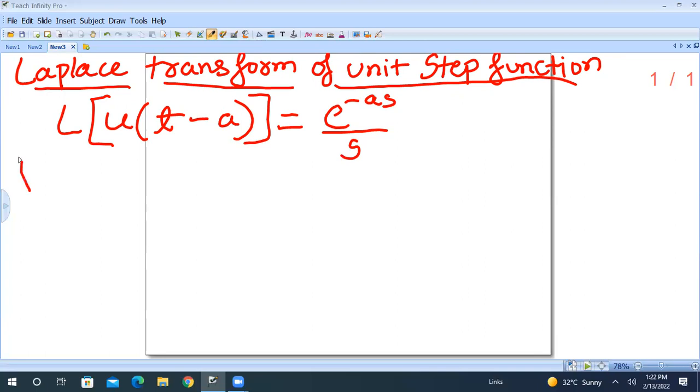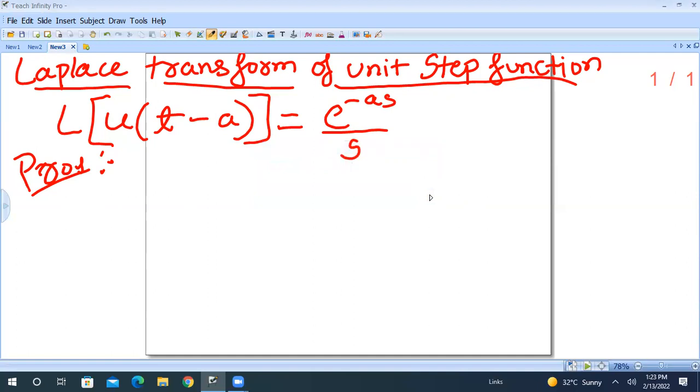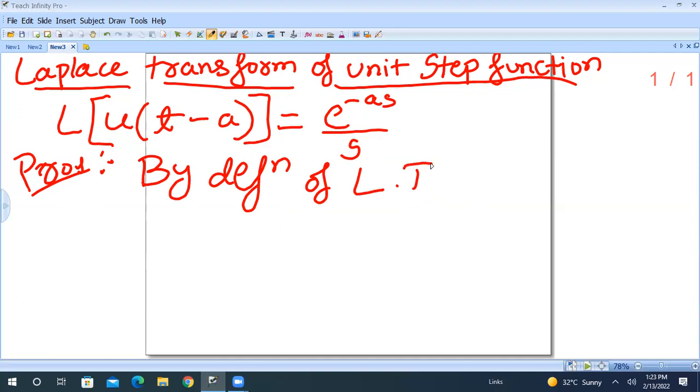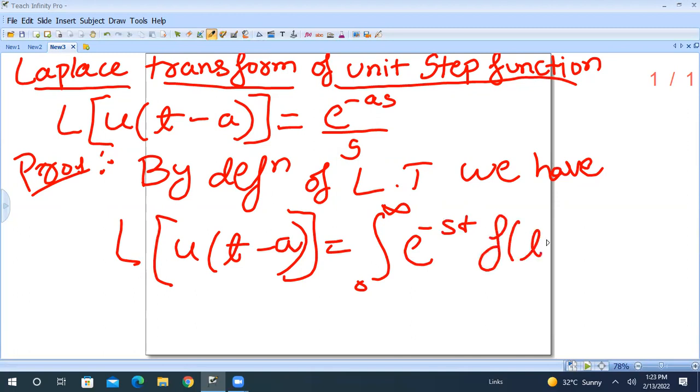So for proving this, by the definition of Laplace transform, we have L of u of t minus a is equal to integration 0 to infinity e to the power of minus st f of t into dt.